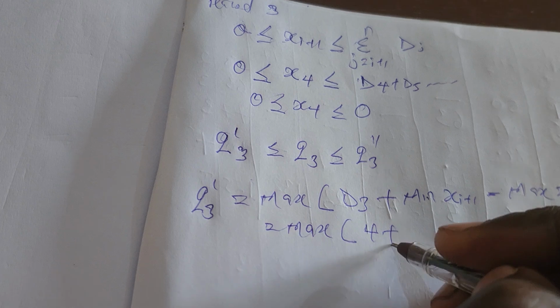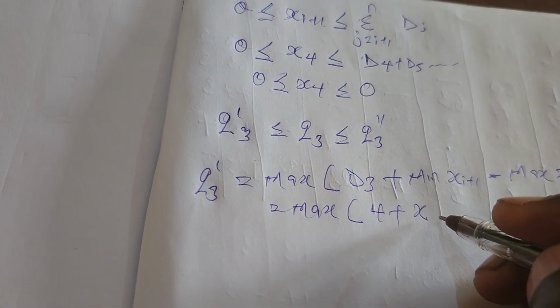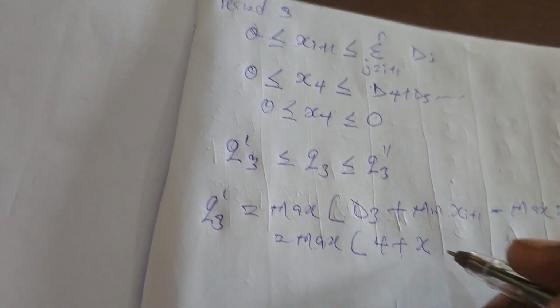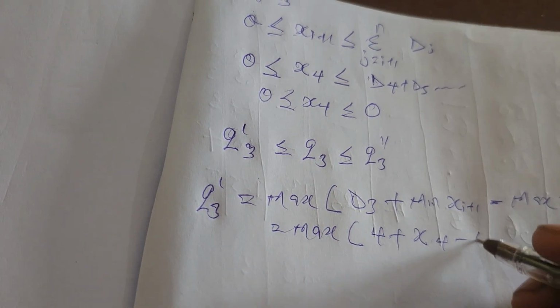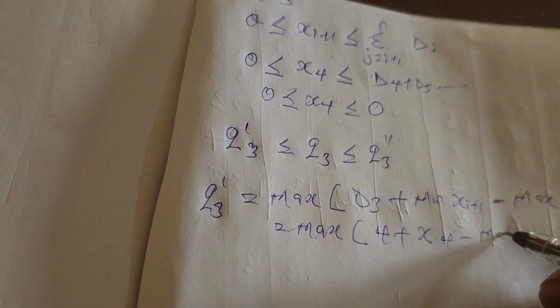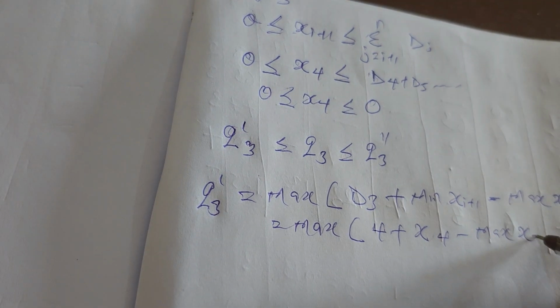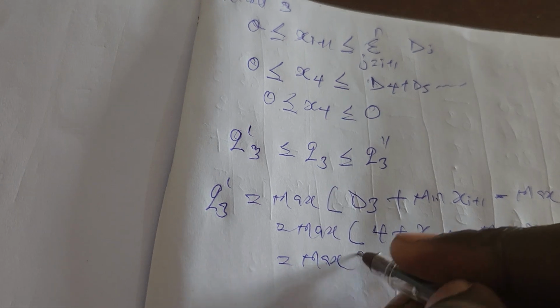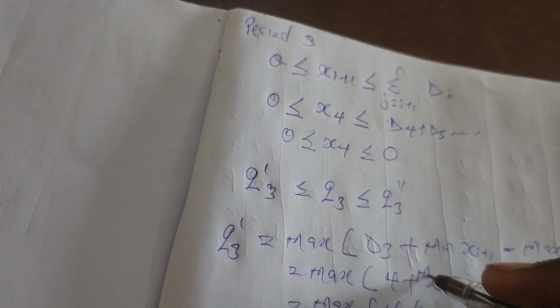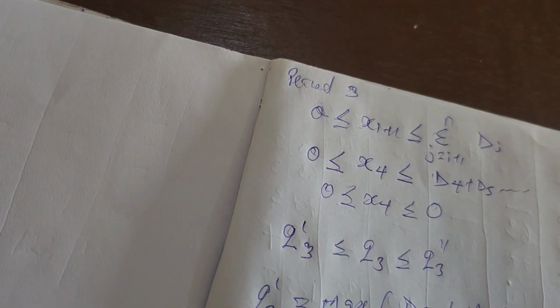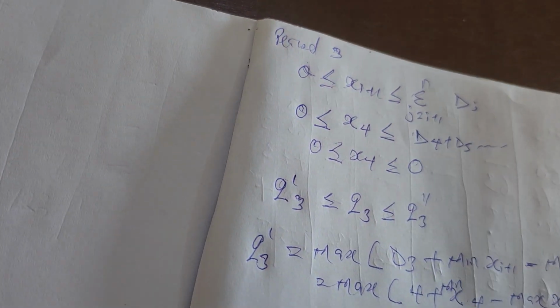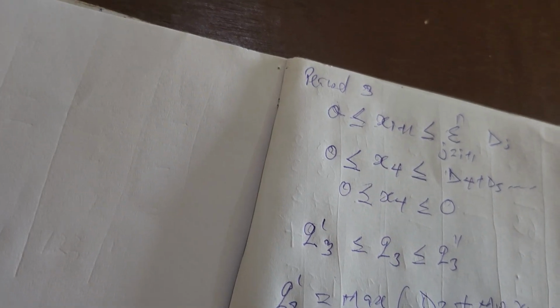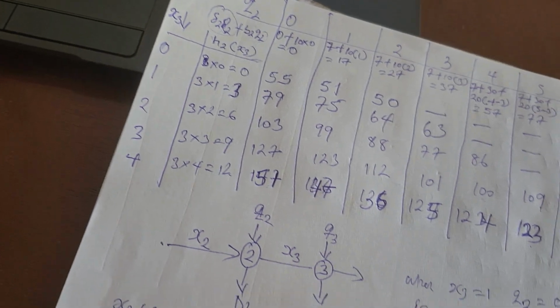That will be 4 plus the minimum of x4, minus the maximum of x3, the previous period.